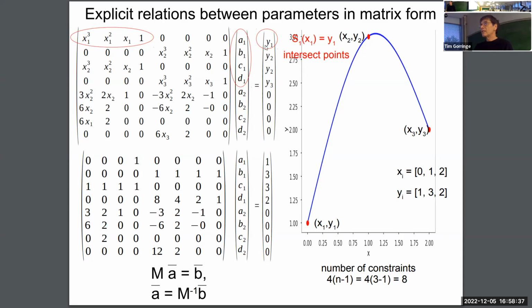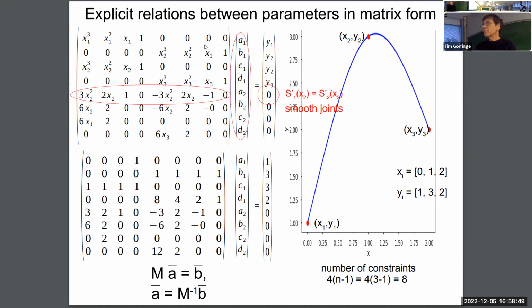And that was the constraint that the left-hand cubic function must go through the left-hand point. This particular row in the matrix, when you multiply this column vector against this row, this element actually gives you the constraint that the slope of the left-hand cubic function and the right-hand cubic function are the same. So that's where this constraint is embedded.